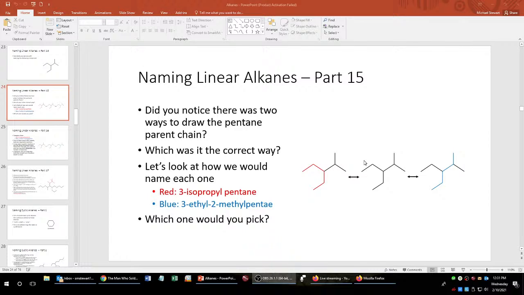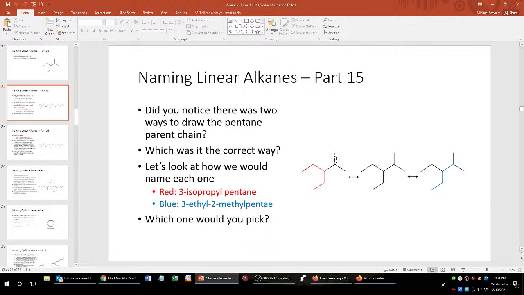And the answer is that we want to increase the number of branching. That may sound odd to say, but by increasing the number of branches, we typically decrease the complexity of those actual branches. So in the case of picking these 5 carbons here on the left as the primary chain, we only have one branch, but it's an isopropyl branch. The isopropyl branch is this kind of Y shape here.